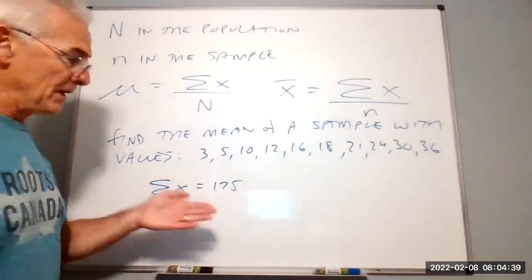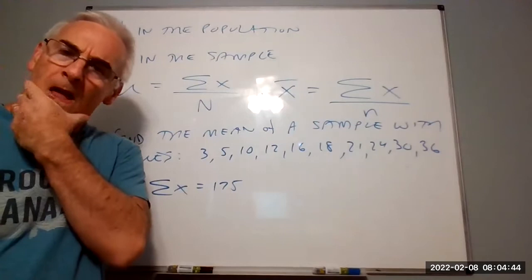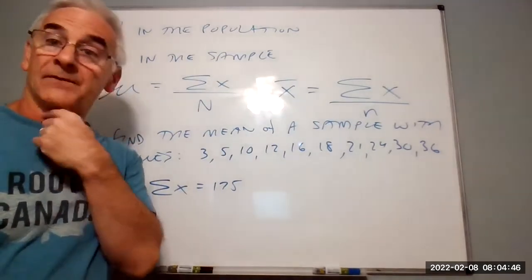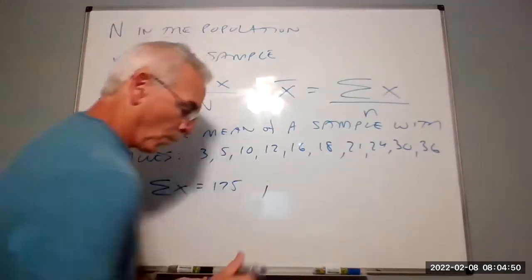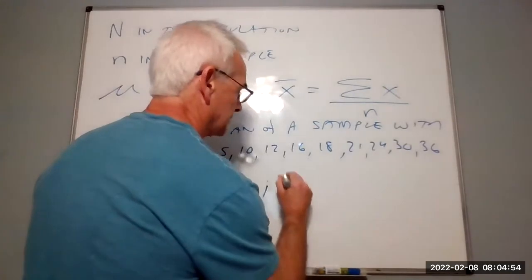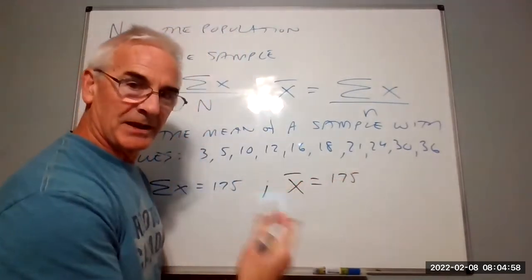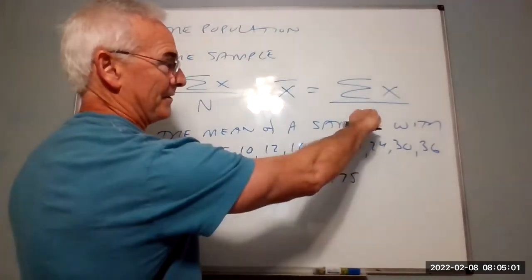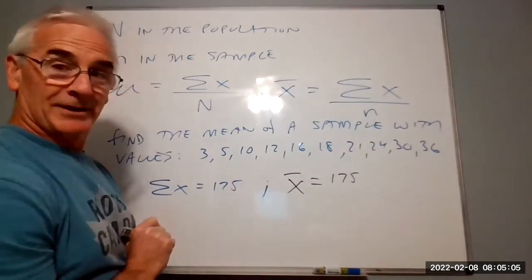Okay, so that was easy enough. So is my answer 175? No, 175 is the numerator of my answer. What's the answer? I'll use a different color. The answer is x bar equals 175 over what? 10.